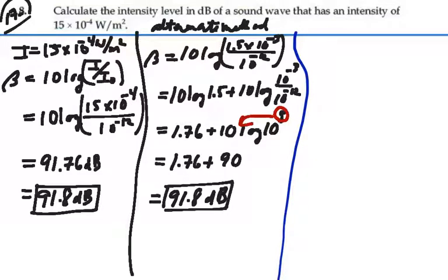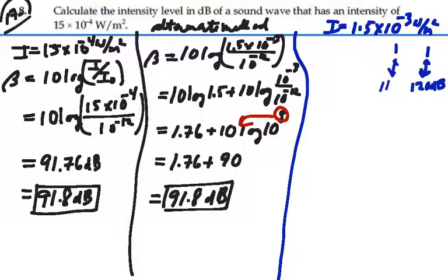Or, let's try one last way. Our intensity is indeed 1.5 times 10 to the minus 3 watts per meter squared. And if we use the idea that 1 watt per meter squared corresponds to 120 decibels, then if we went down to try to find this intensity, say if we went down to 0.1 watts per meter squared, that would be 110, and then 0.01 would correspond to 100 decibels.